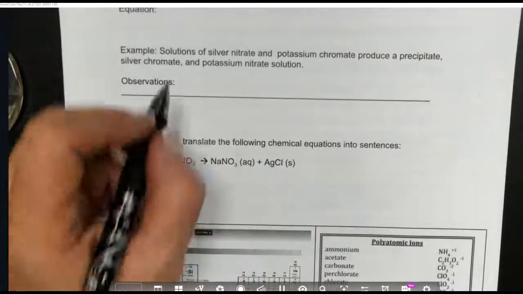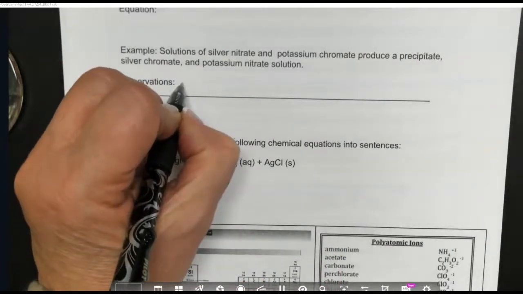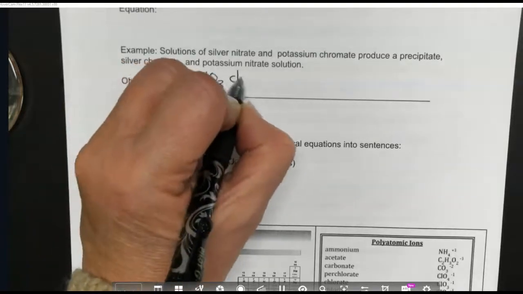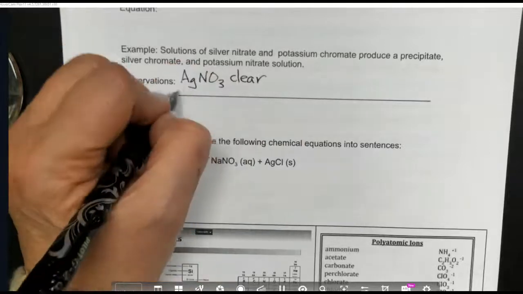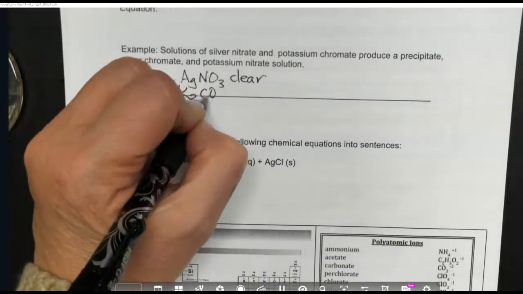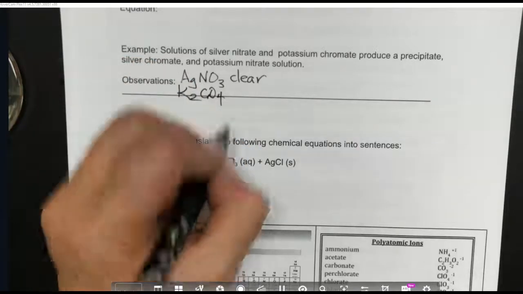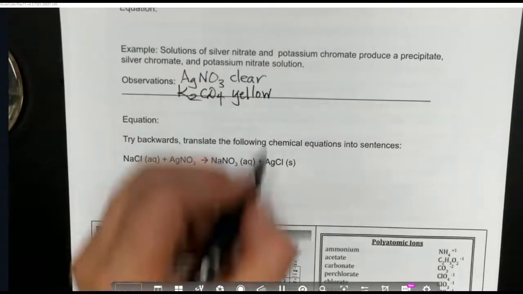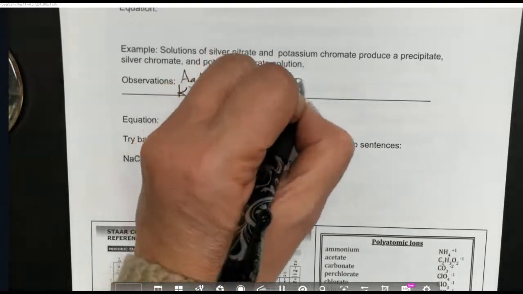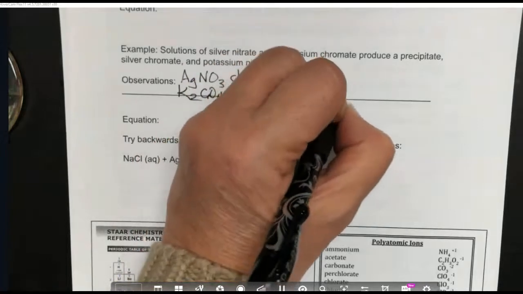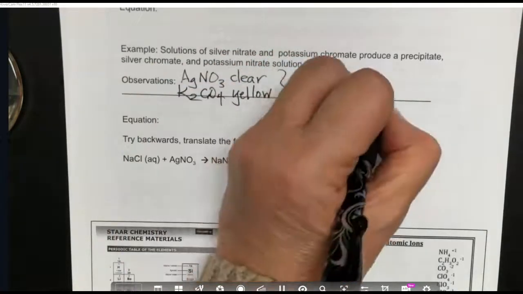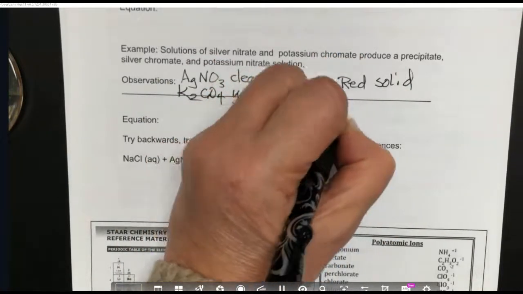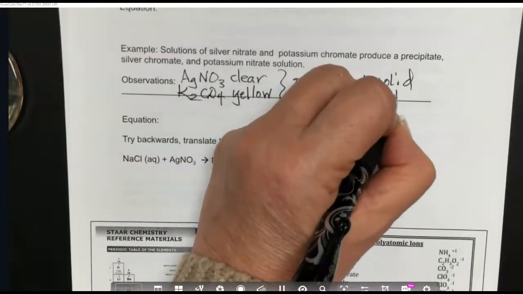The observations we saw: silver nitrate was a clear solution, and potassium chromate, K2CrO4, was a yellow but clear solution, and what we ended up with was a brick red solid forming inside a clear solution. That's what we ended up seeing.